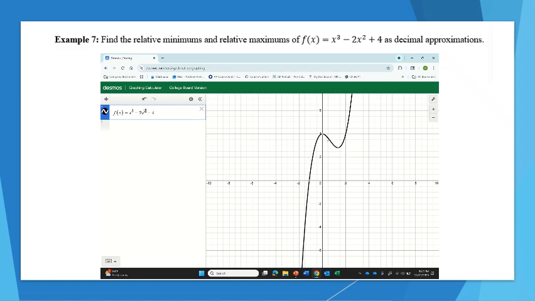And so here we should find a relative maximum, that peak at 0, 4, and a relative minimum right here at 1.333, 2.815. And so those 2 points should be our relative minimum and our relative maximum, with 0, 4 being our maximum, obviously, and then 1.3, 2.8 being our relative minimum.